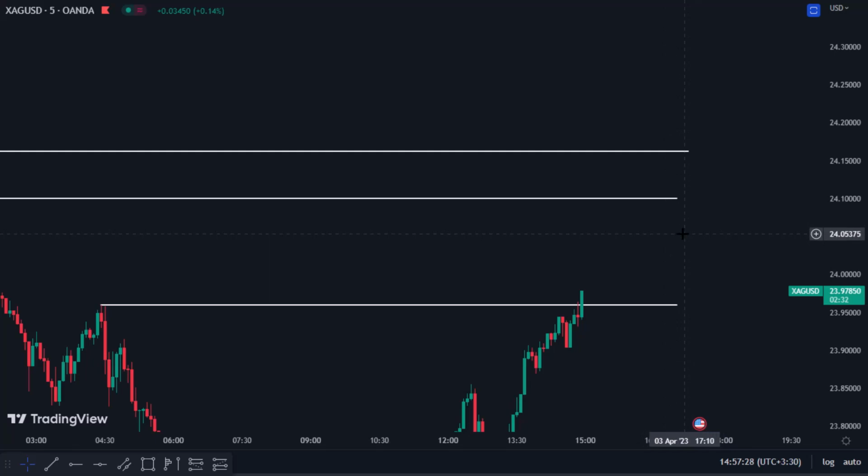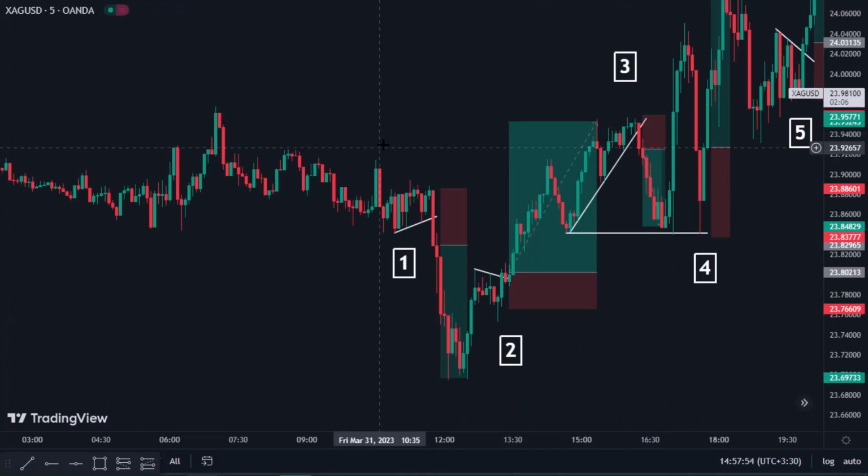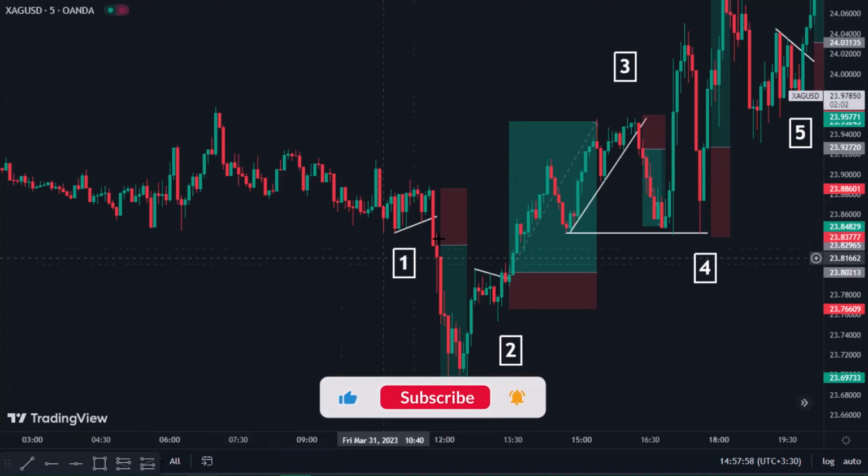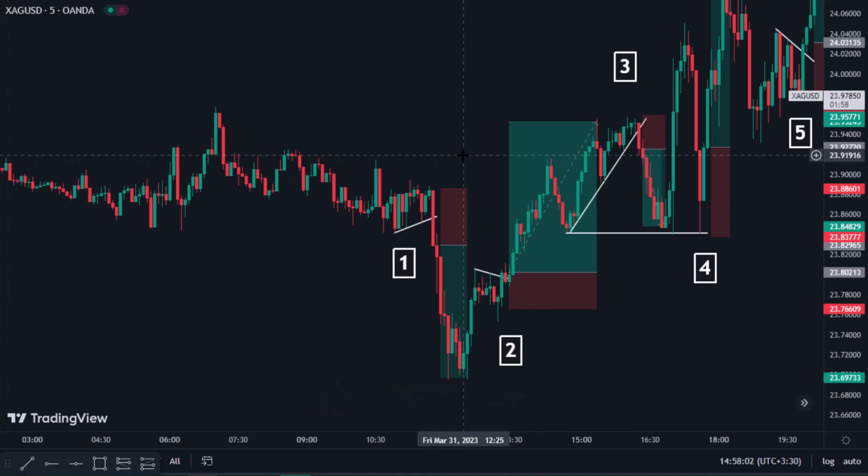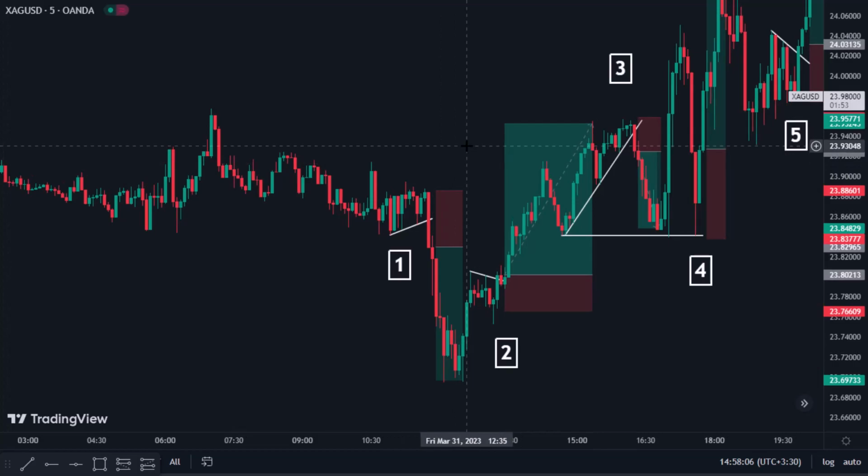Let's switch to the part where I'm going to show you the positions I made on 31st of March. Welcome back traders. As you can see here, we are on a silver chart, 5-minute time frame on 31st of March. It's actually hard to pronounce.